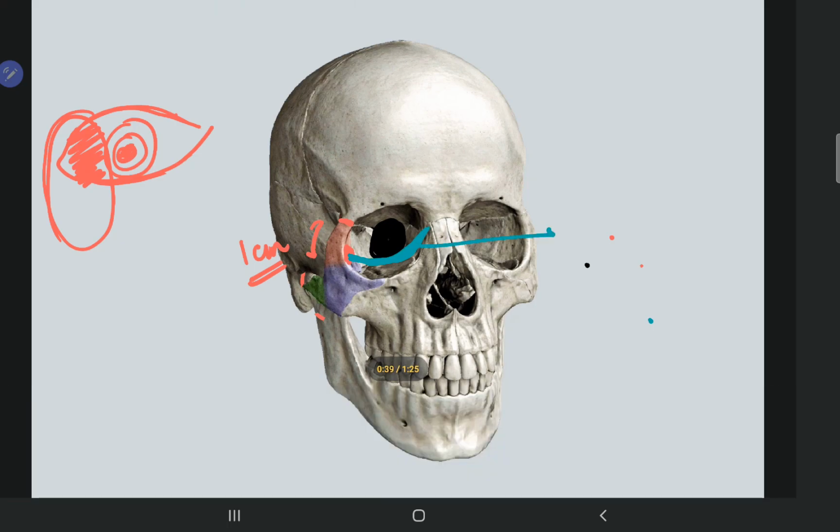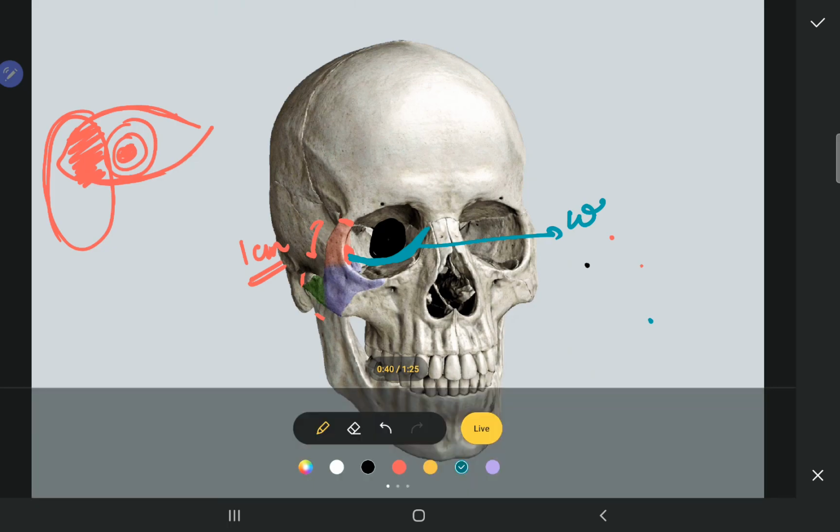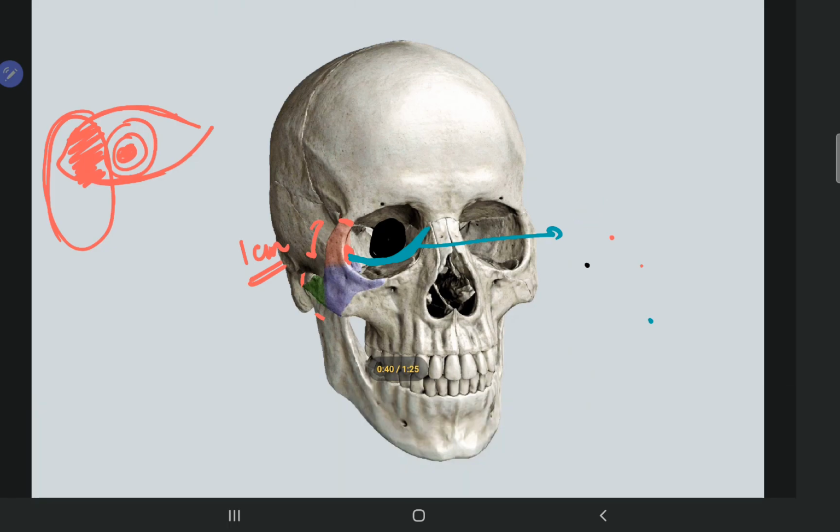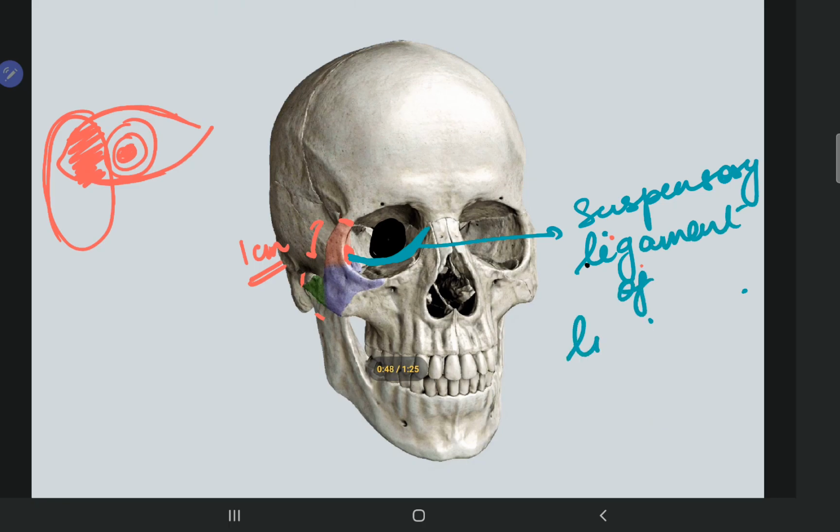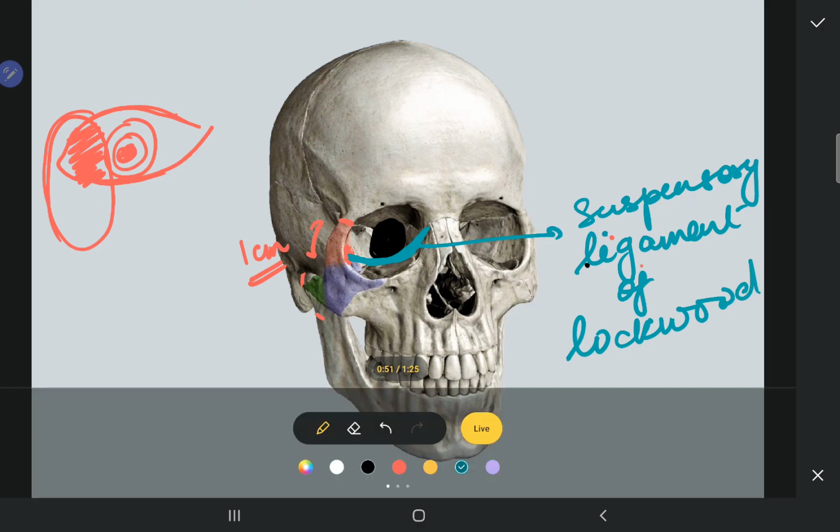Then on this side, in the orbital bone, we have this Whitnell's tubercle, right?